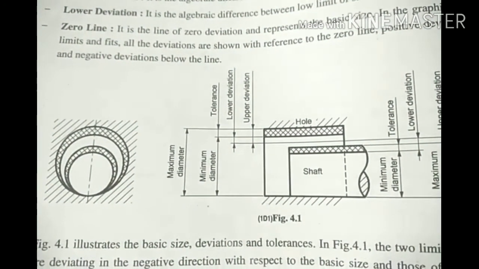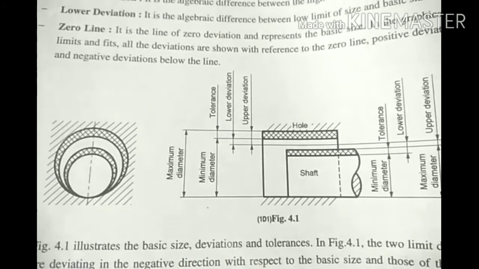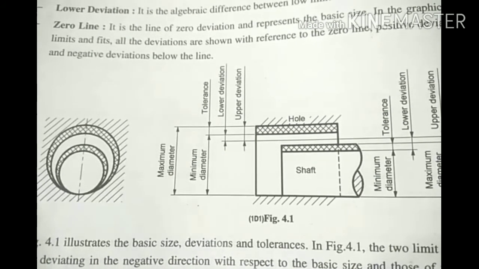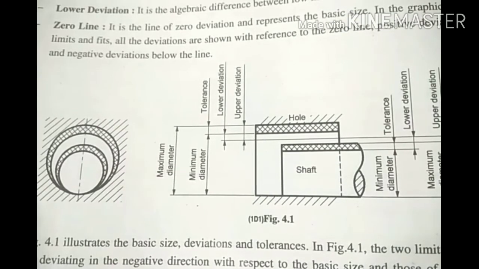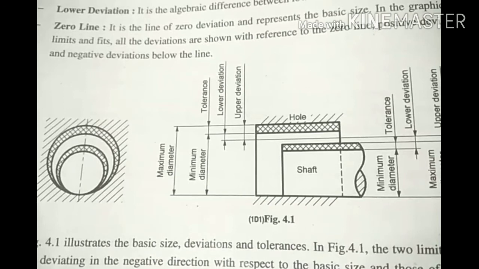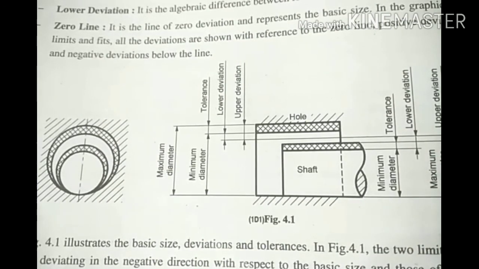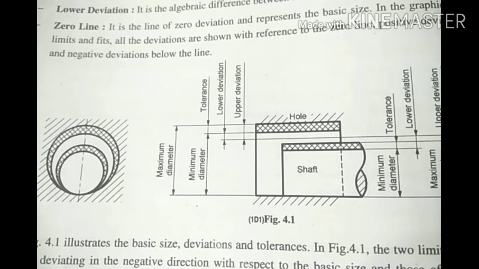So upper deviation means the algebraic difference between the higher limit of size and the basic size of the component. A high limit means the upper limit. So this is the maximum diameter, that is the upper limit.